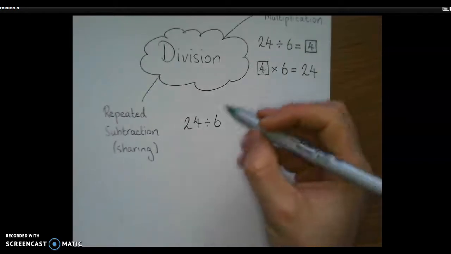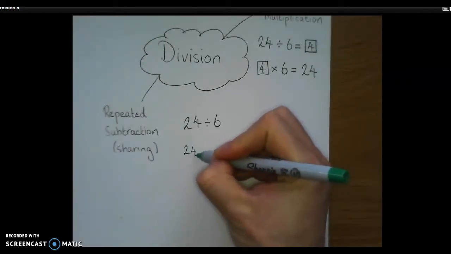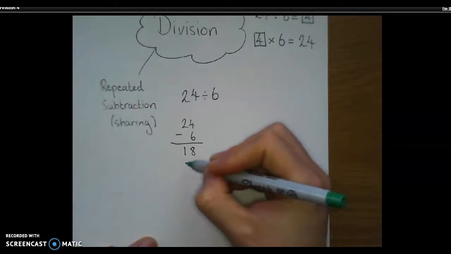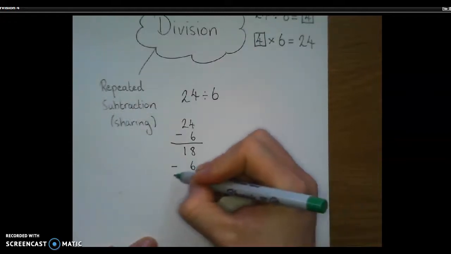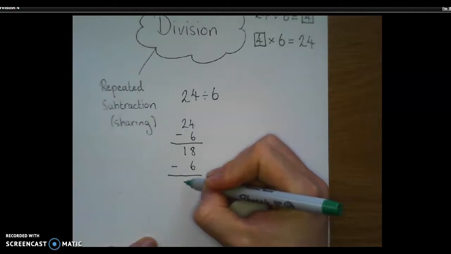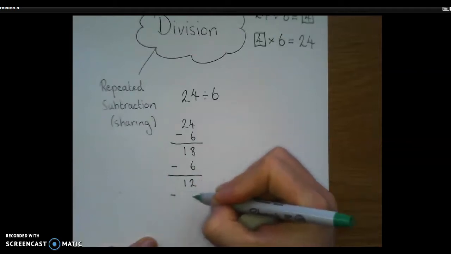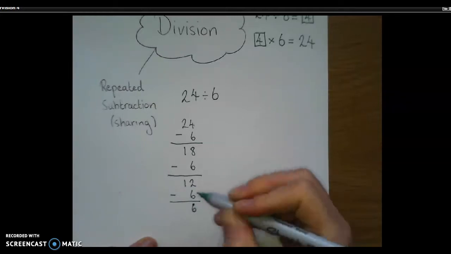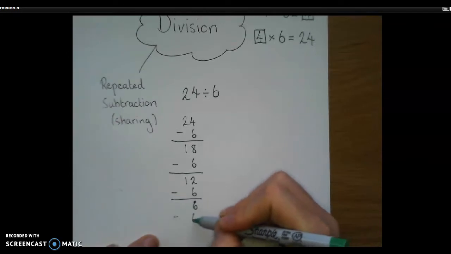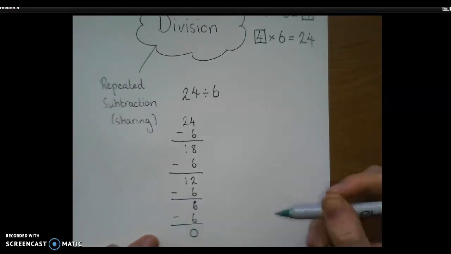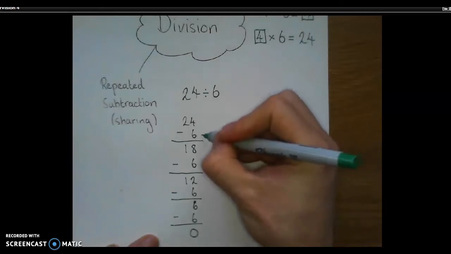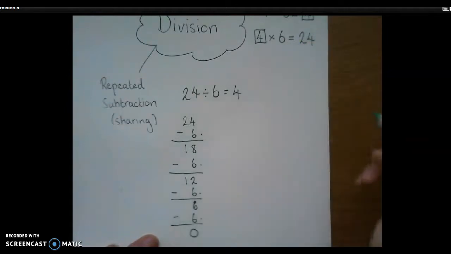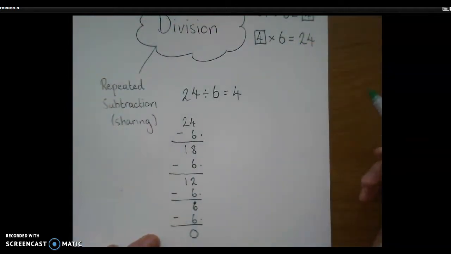Okay, so 24 minus 6 is 18. 18 minus 6 is 12. 12 minus 6 is 6. And 6 minus 6 is 0. And you can see that there's 1, 2, 3, 4. We took 6 away from 24 4 times.